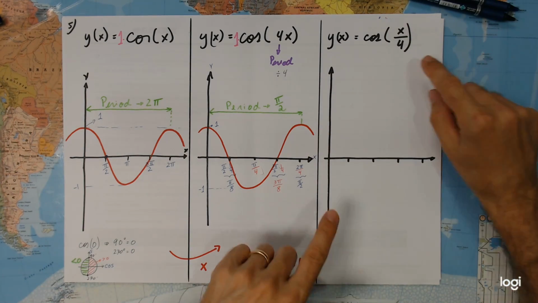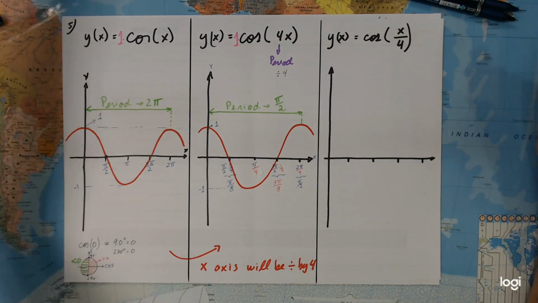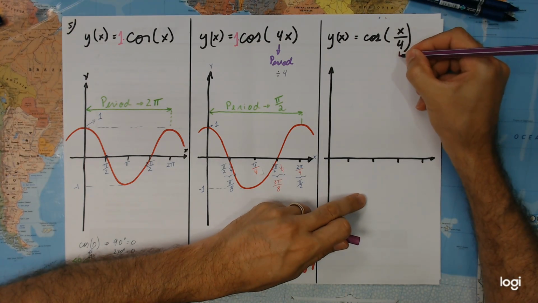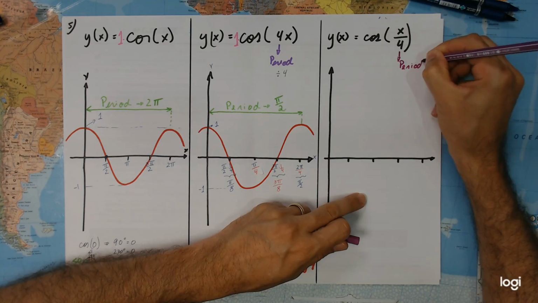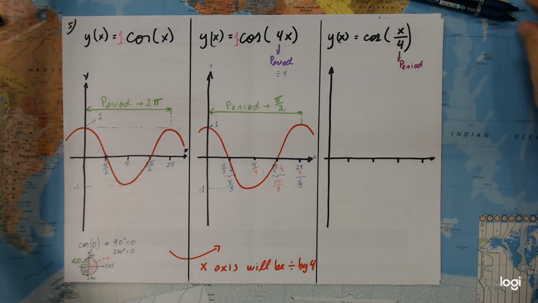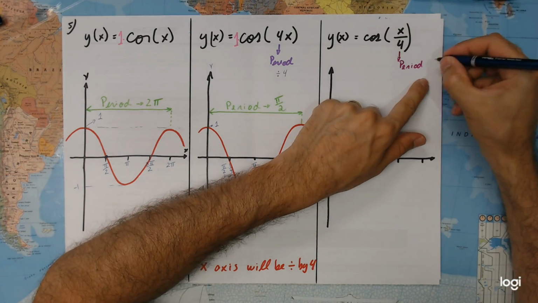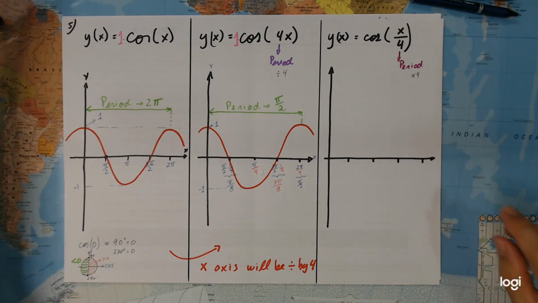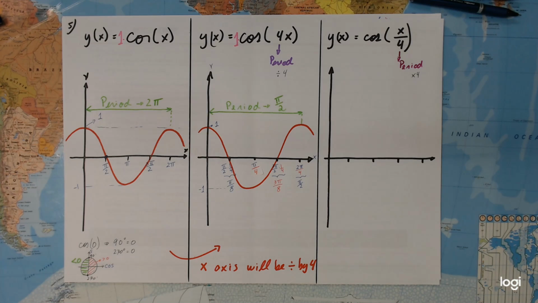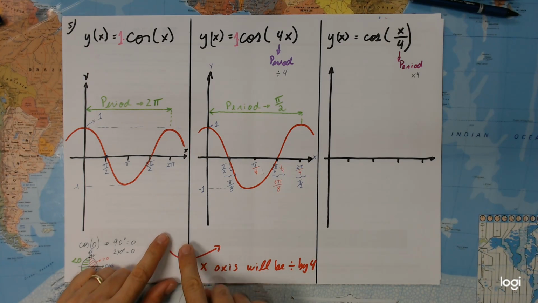What is going to happen here? Now our period, because it's divided by 4, we will multiply by 4. So to go, I'm not going to do it because I would have to take an arrow from here to here.